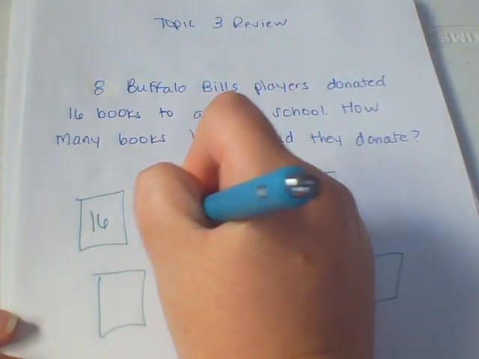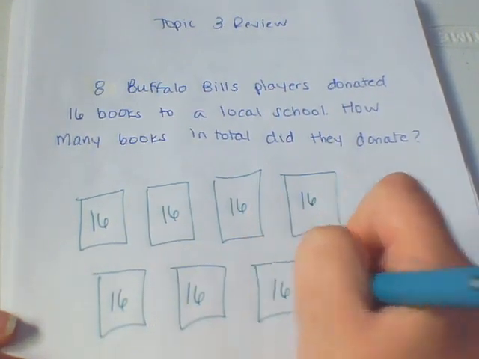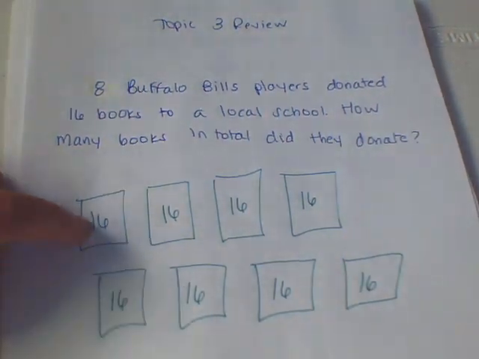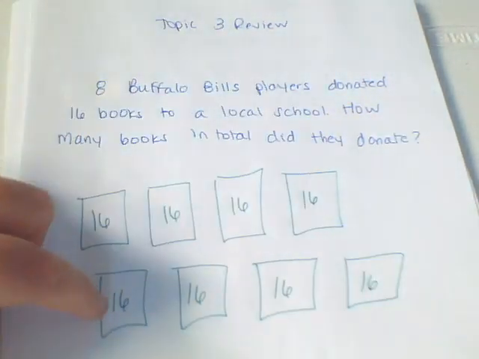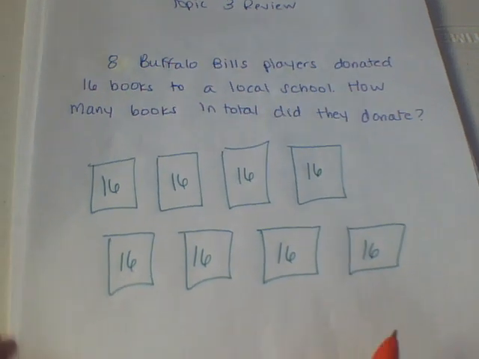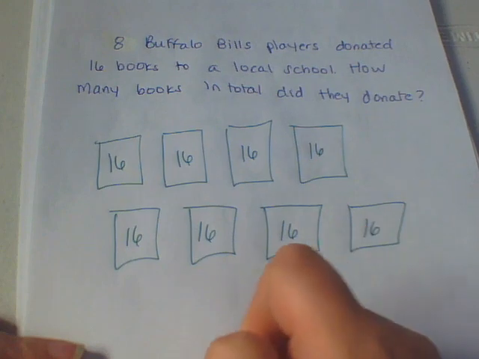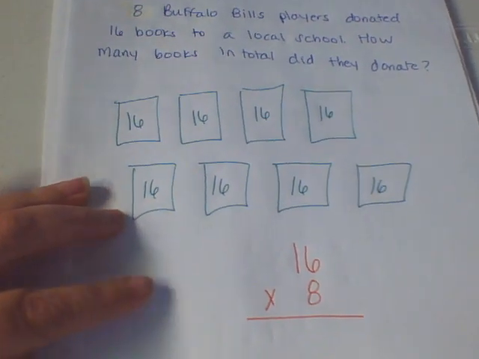They each donated 16 books. So player 1, player 2, player 3, player 4, player 5, 6, 7, and 8. They each donated 16 books. I want to know how many books in all did they donate. Well, that's a multiplication problem. I need to take 16 and I need to multiply it by 8.